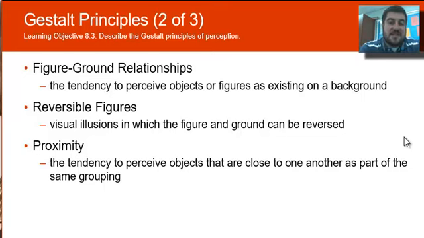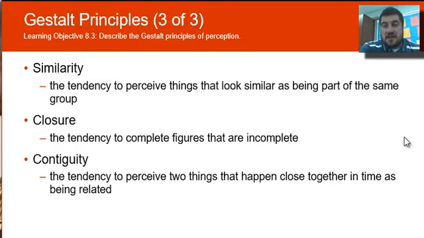Figure-ground relationships are the tendency to perceive objects or figures as existing against a background. A reversible figure is where the figure and ground can be reversed, and I'll show you a Necker cube here in a second, the three-dimensional cube you draw on your paper. Proximity is one of the groupings, and it means that we perceive objects that are close to one another as being part of the same group.